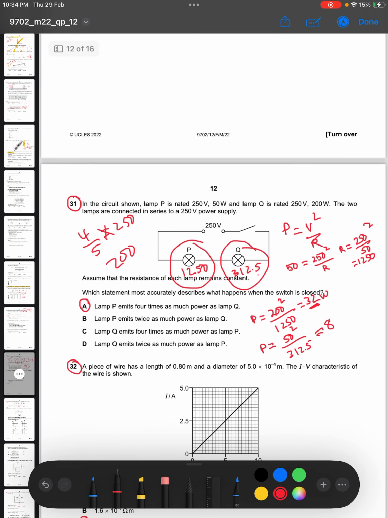So power dissipated by Q will be 8, whereas power dissipated by P will be 32. So P, as you can see, is dissipating 32, which is 4 times 8. So lamp P emits 4 times as much power as lamp Q. It was all by calculation.